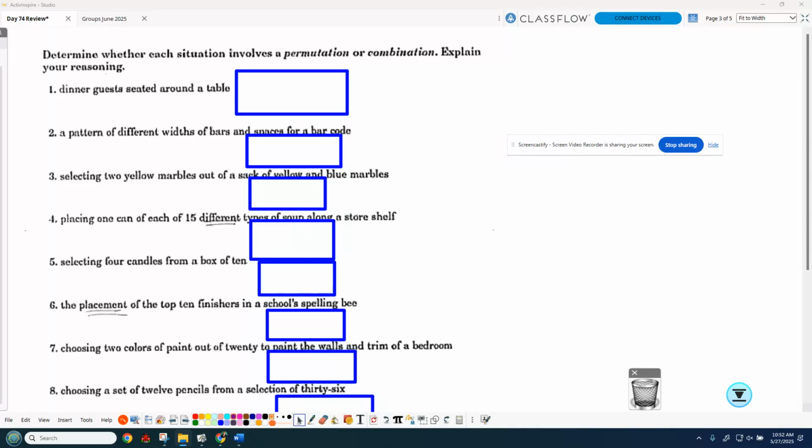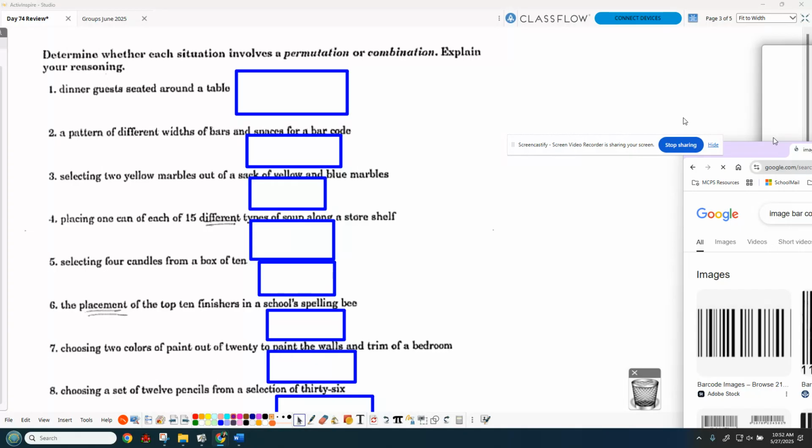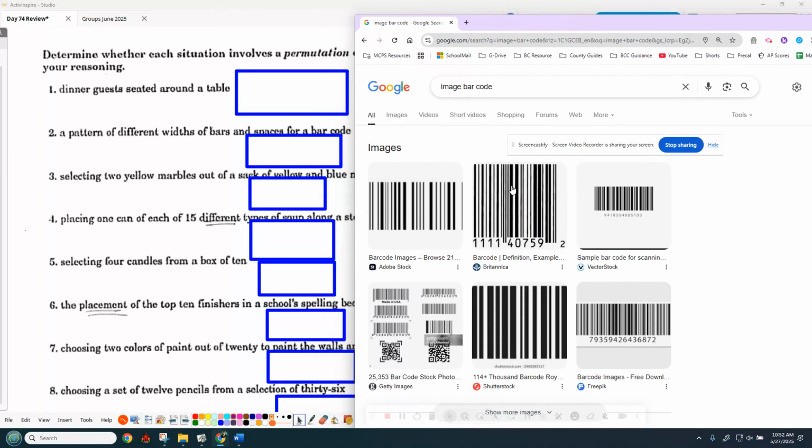What is number 2? Widths of bars and spaces for a barcode. Do you know what a barcode looks like? Like on the back of the box. Yeah. So does it matter what the barcode looks like? Like, Senna, what do you think?